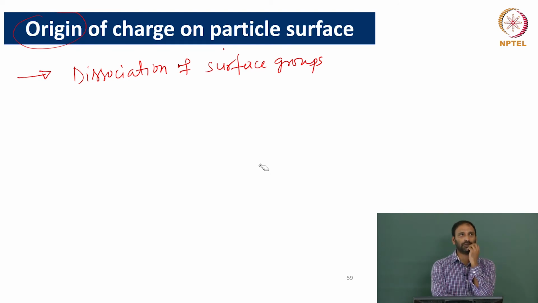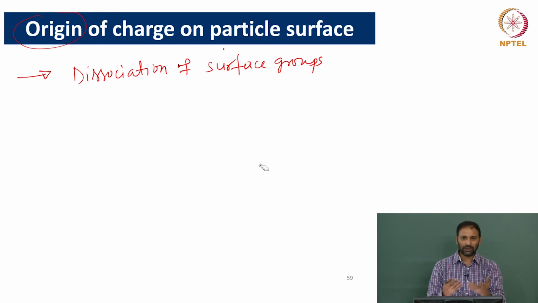It's a polar molecule. You're saying that the particles themselves are made up of something that is polar in nature. See, when we talk about a charge, you're talking about the charge on the surface, right? So polarization, of course, will lead to regions where there's more charge and regions where there is less charge.